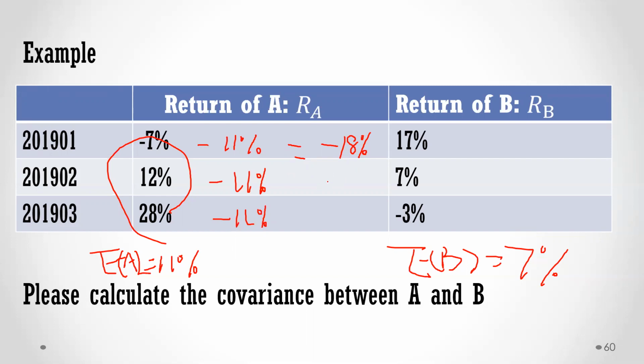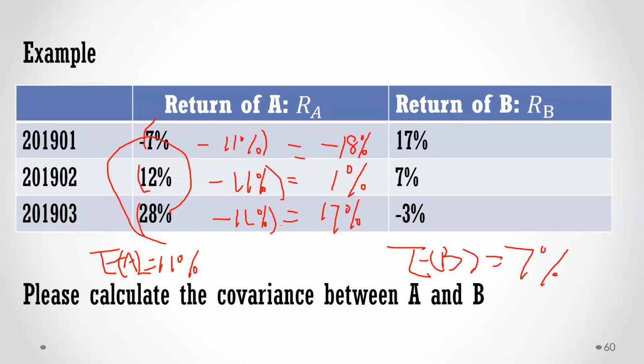It underperformed its average. For this case, the deviation is 1%. So in February, A outperformed its average. And finally, outperformed its average a lot, by 17%. Okay, so this is the calculation of deviation.